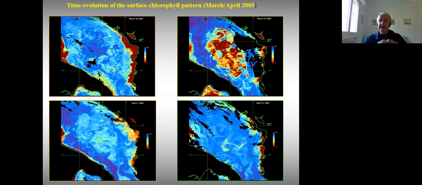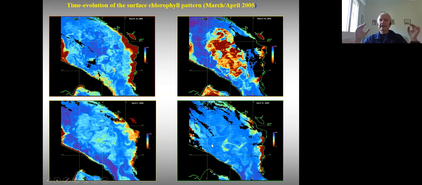They grow very quickly, consume all the nutrients and start to decline. So you have the declining concentration of chlorophyll and phytoplankton biomass. But if you look very carefully, you can see that this pattern remains more or less equal. And finally, the signal on April 15 is not seen anymore.